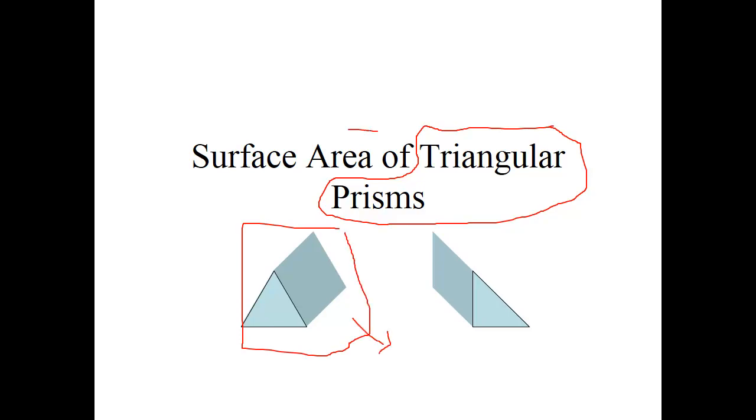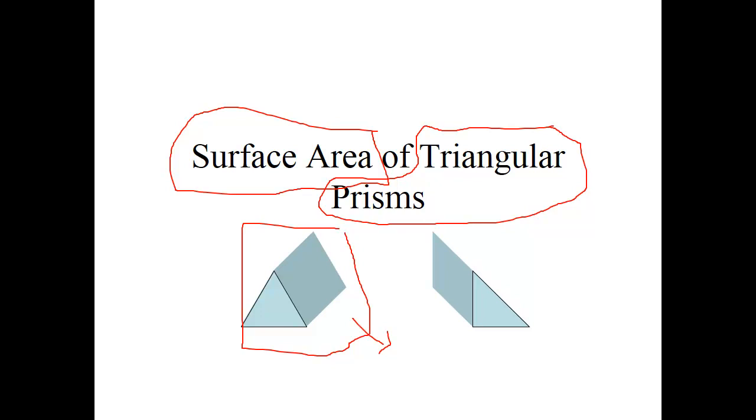But what is the meaning of surface area? We talked in the last session about the surface area of a rectangular prism, and we said the surface area is the sum of all areas of all faces. The same applies today.